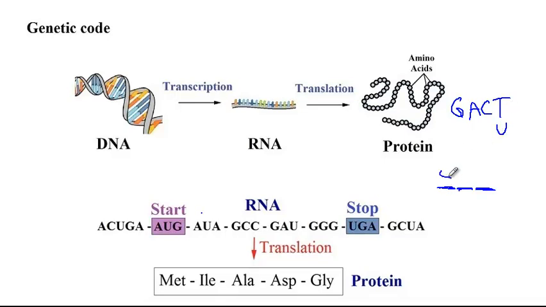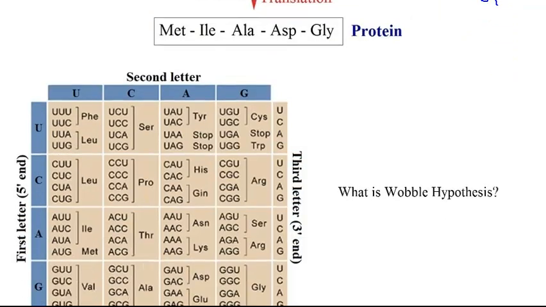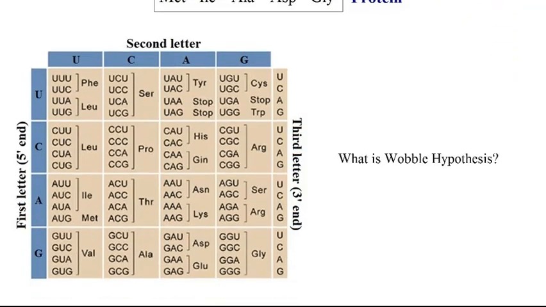So we can have 4 different bases for the first position, 4 different combinations again for the second position, and 4 different combinations in the third position. So the total number of triplet codes is 4 times 4 times 4, which is equal to 64. And this table is showing you that we have 64 different triplet codes right here.